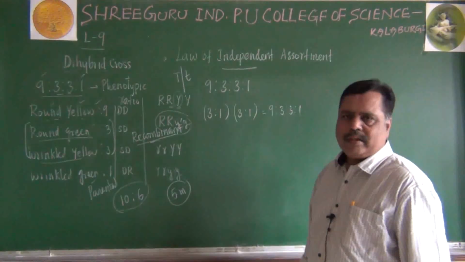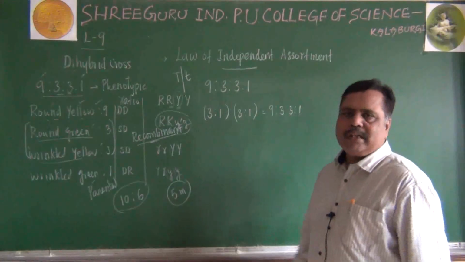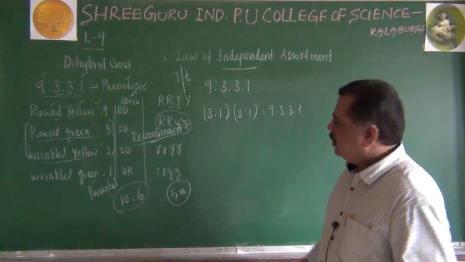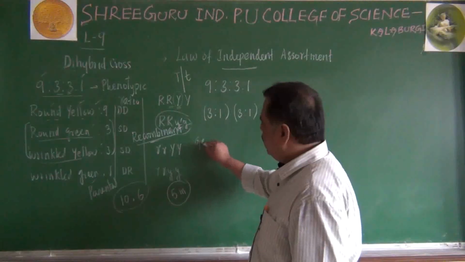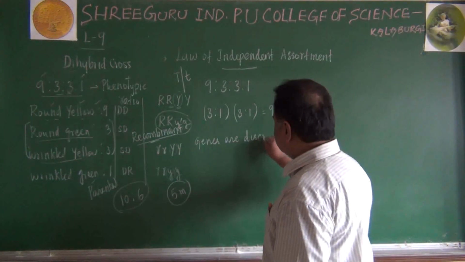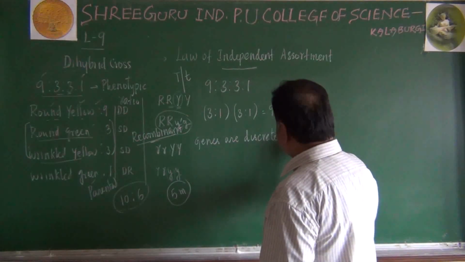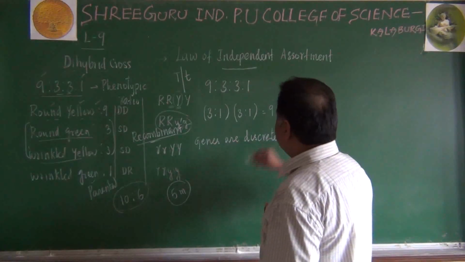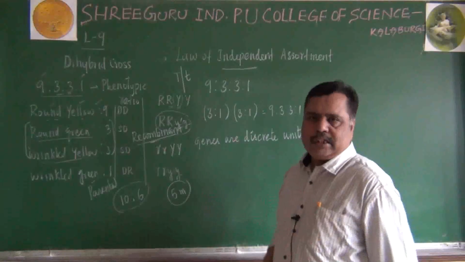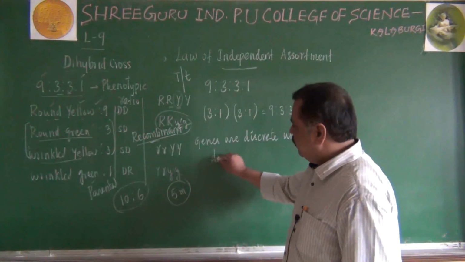So based on this mathematical application, Mendel gave one idea. Genes are discrete units, he told. They are discrete units. That means independent units, they behave independently, they don't blend with each other. They do not blend.